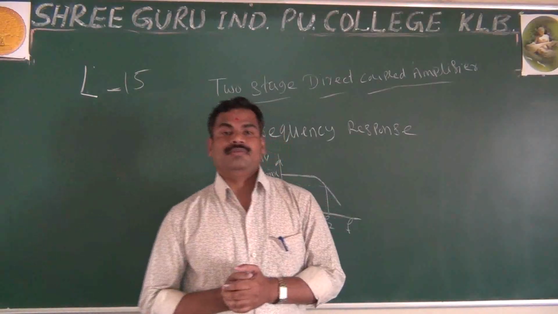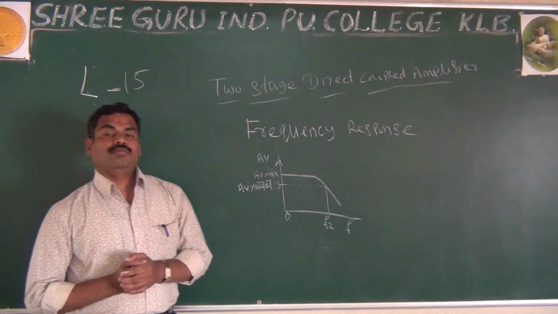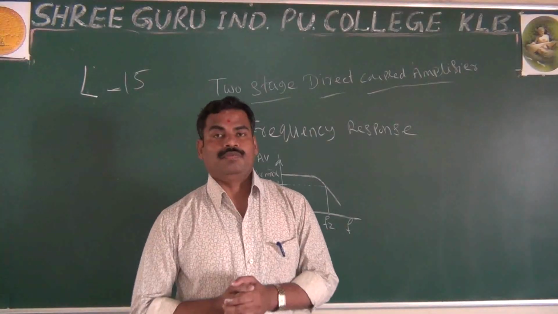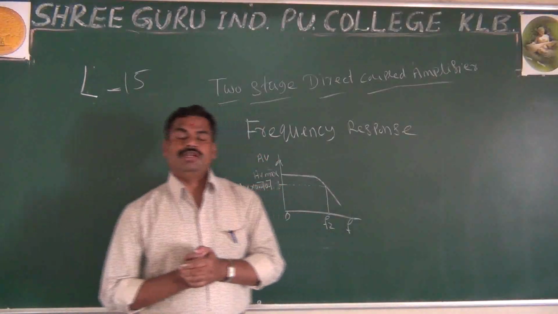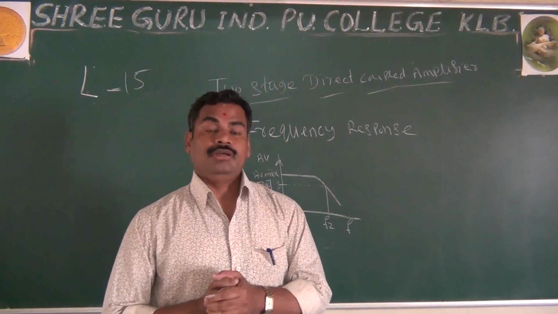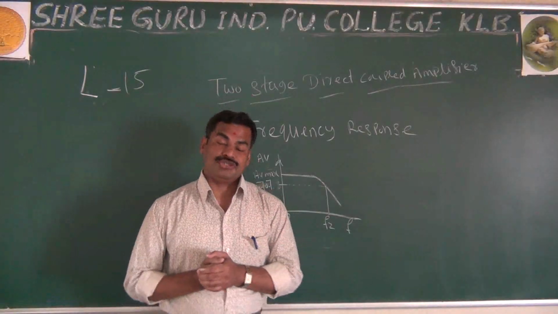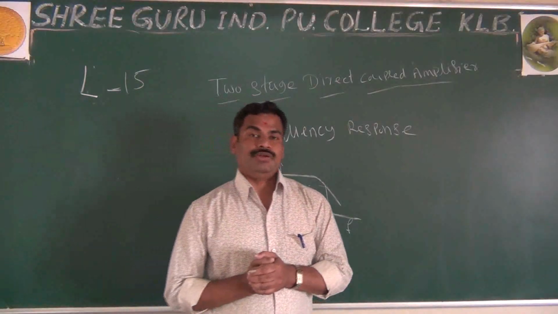The most important thing in your direct coupling is that you are not using any capacitors. You are not using any bypass capacitor or any coupling capacitor. As you studied already, why does the gain reduce for low frequency?